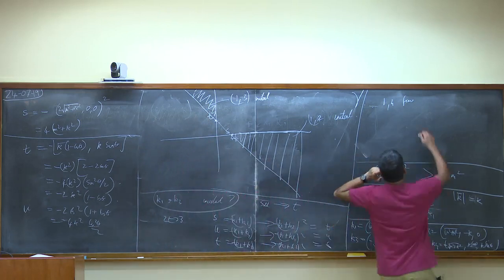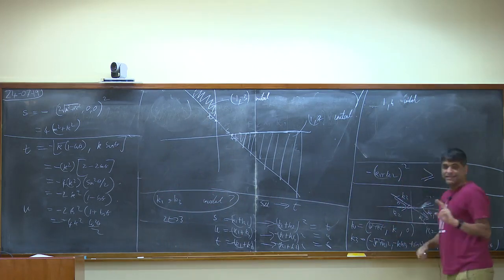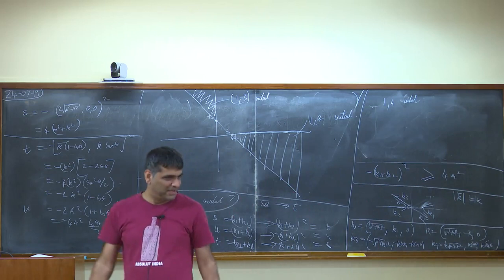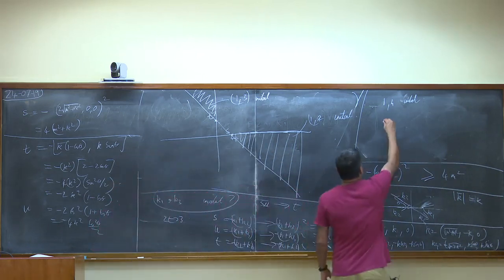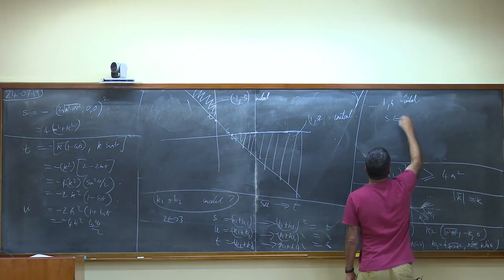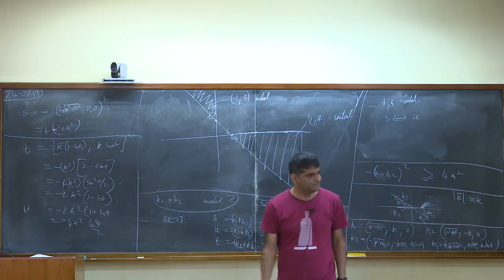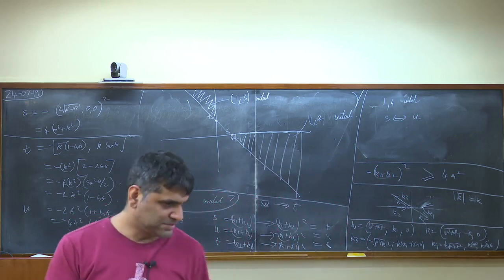And finally, we have 1 and 4 initial. This involves flipping 2 and 4. Can you see that that will take S to U and leave T to T? Because 1 and 3 just stays unchanged.